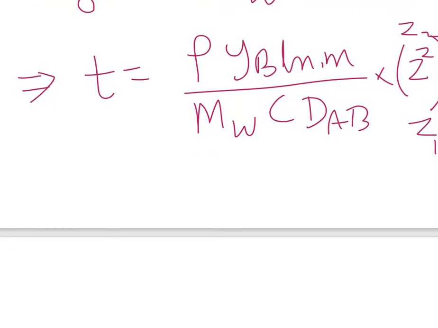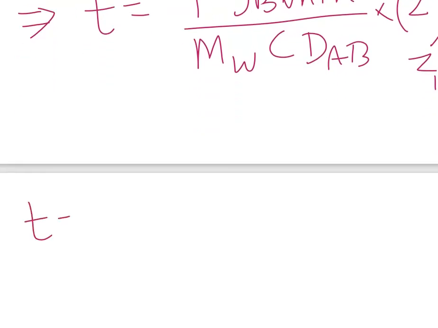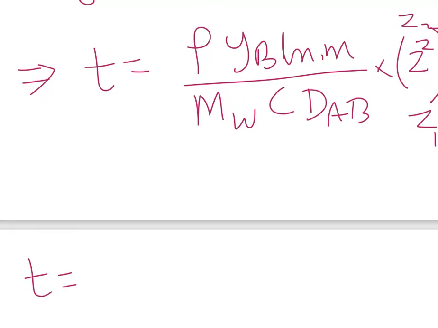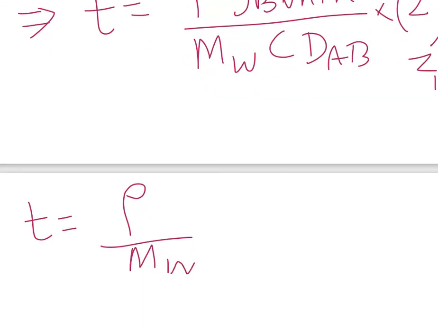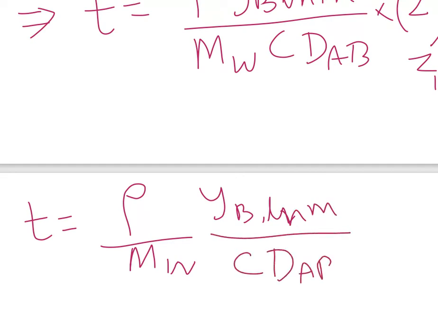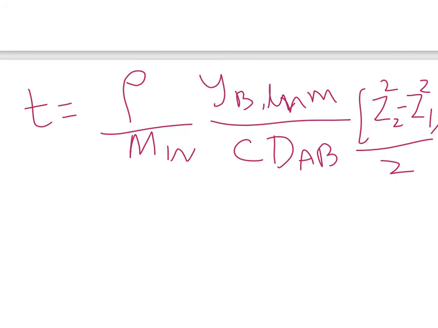So the time t required to make the diffusion path go from Z1 to Z2 is basically rho divided by molecular weight, yB log mean and c DAB, Z2 square minus Z1 square divided by 2. Okay, so this is the equation.